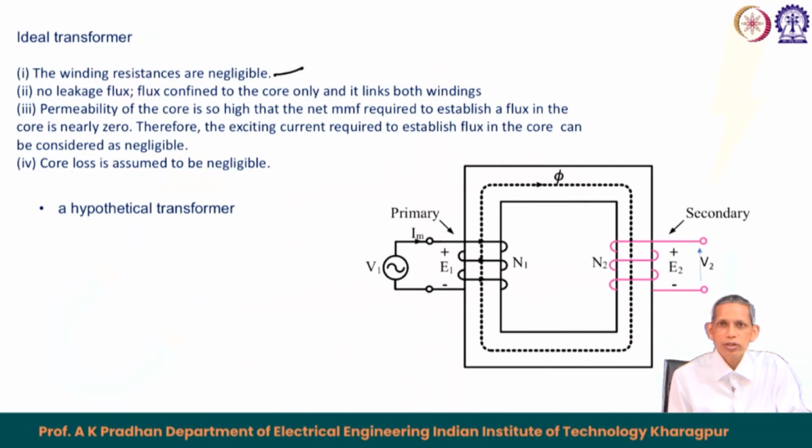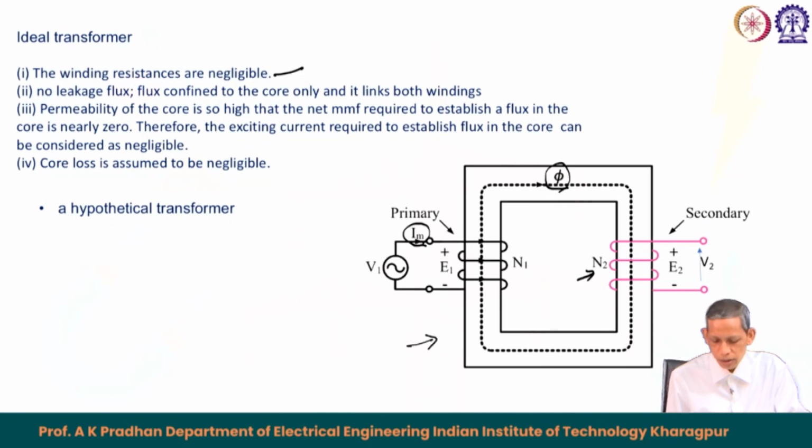This is the hypothesis of the transformer, as already mentioned. For a better understanding of the functionality and principle of operation of the transformer, we have started with these assumptions, which we call an ideal transformer. So, in this transformer model, we have a two winding transformer. Whenever we energize the first one, a small amount of magnetizing current flows, which establishes a flux in the core, and this flux links to the second coil.